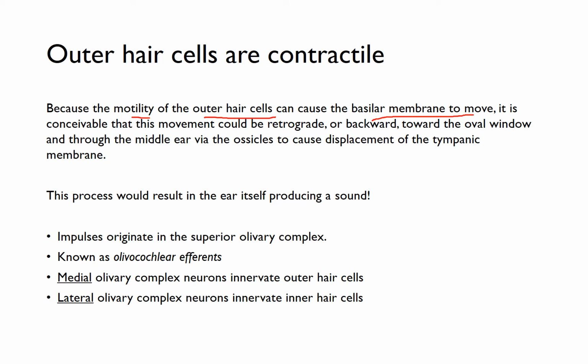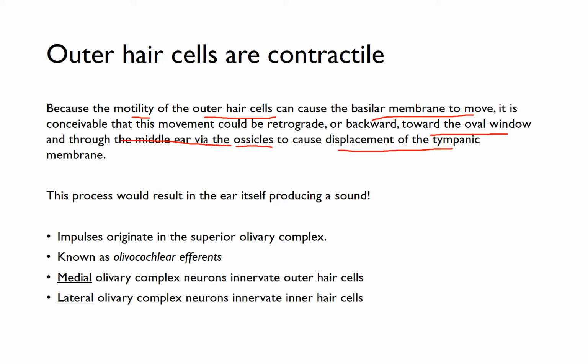It is conceivable, anyway, that the motion induced onto the basilar membrane by a contracting outer hair cell could be backwards, toward the oval window, out through the middle ear, move the ossicles, and then cause an internal displacement of the eardrum.